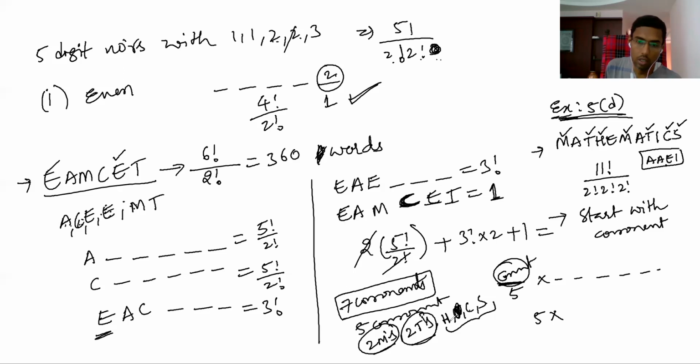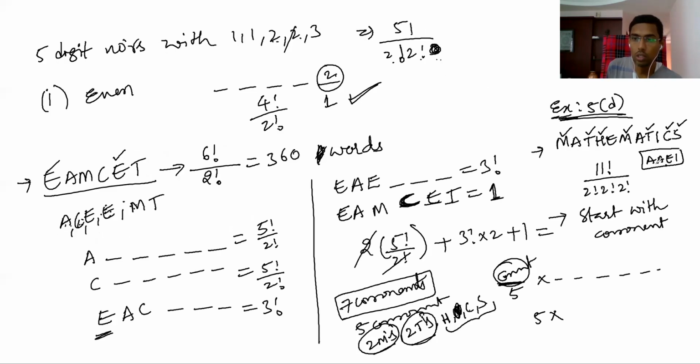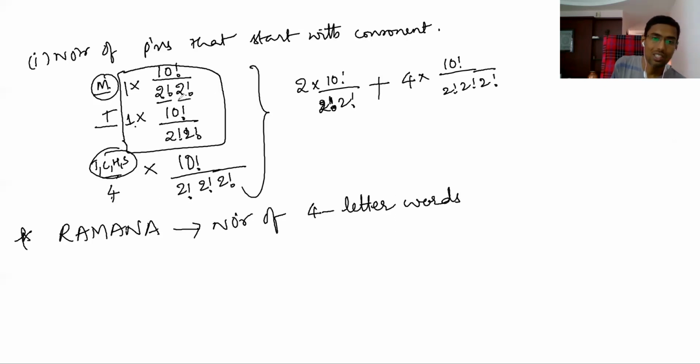But here, just a minute. 2 M's are there, 2 T's are there. 1 M is arranged here, 1 more M, and the remaining will have 2 A's and 2 T's. Right, that's true. Sorry, this is 2 A's and this is 2 T's.